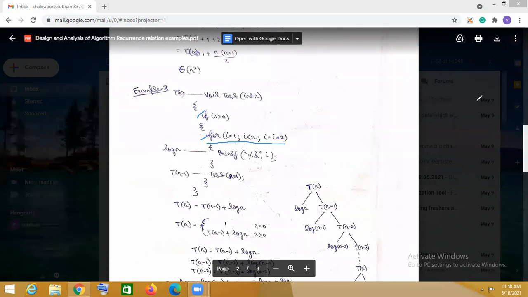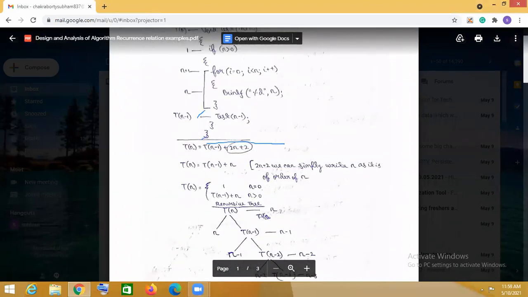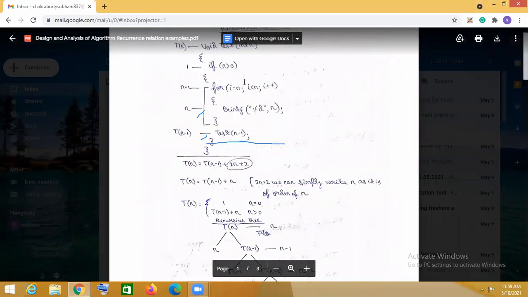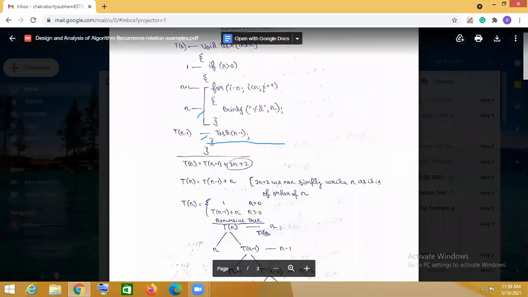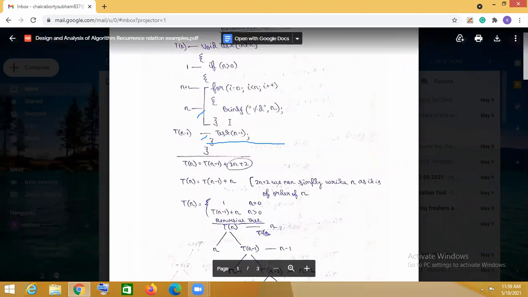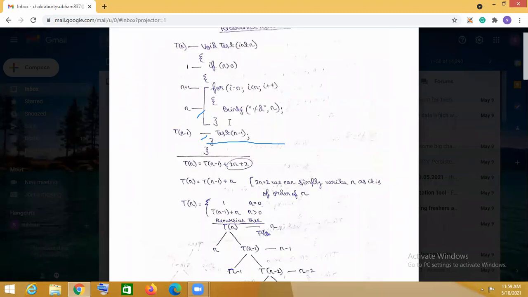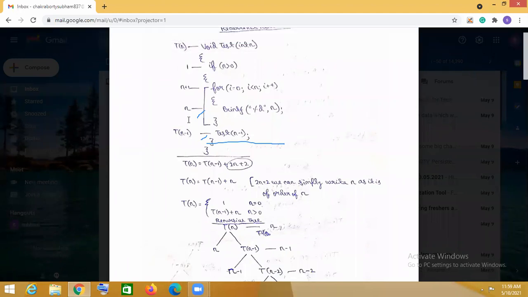Because if we omit this, it will not be a problem. When I solve this problem, the total time is T(n) = T(n-1) + n. So the statement which is present inside the loop, I am mainly considering that, because T(n) = T(n-1) + n.